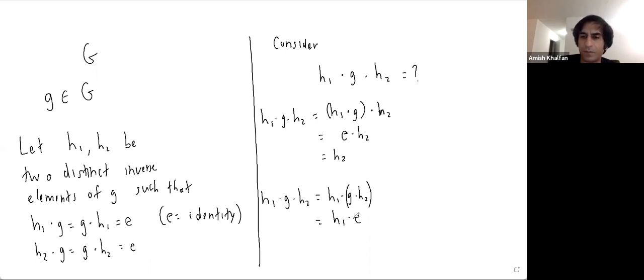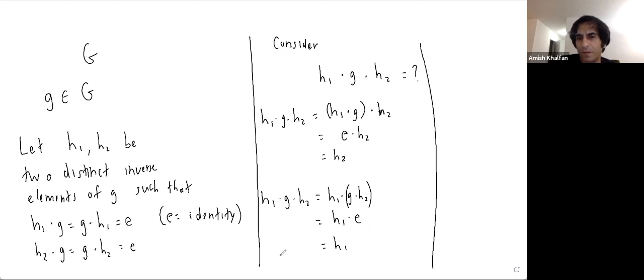And this element h1 acting on e, being multiplied with e, so to speak. Now I'm using that word multiplication loosely. It's a group multiplication. It could be an actual multiplication, could be an addition. It depends on the context, right? These elements could be matrices, in which case the operation could be addition or multiplication, but it depends on the context. So h1 composed with e would just give us h1.